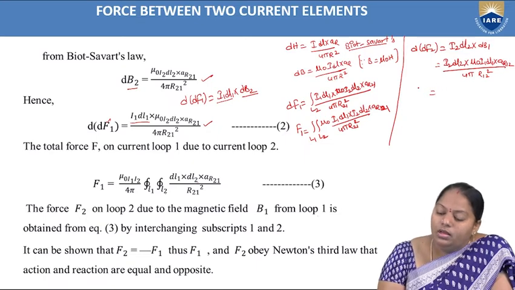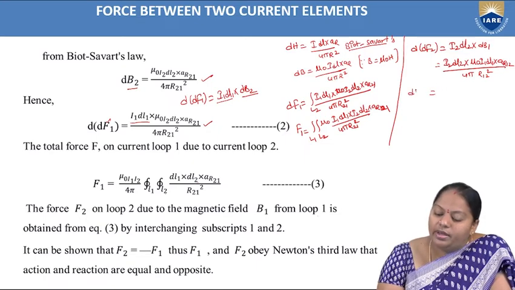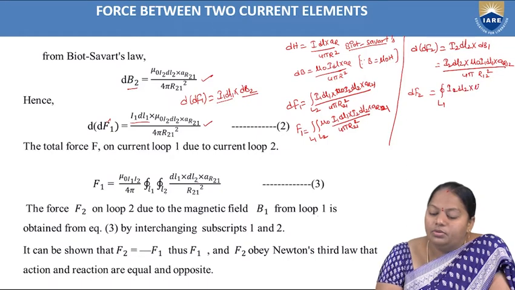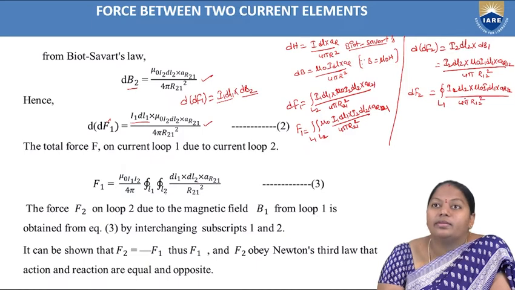So from this, if you want to find F2, first consider integration on both sides one time. Then dF2 is obtained as the closed line integral over L1 of I2 dl2 into μ0 I1 dl1 into aR12 by 4π R12 squared.